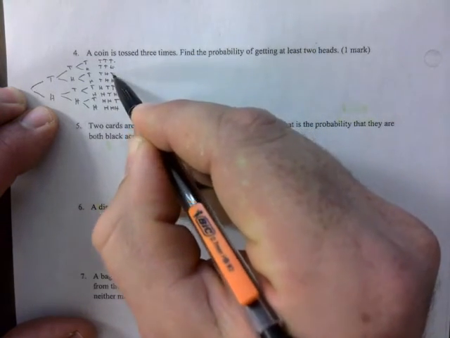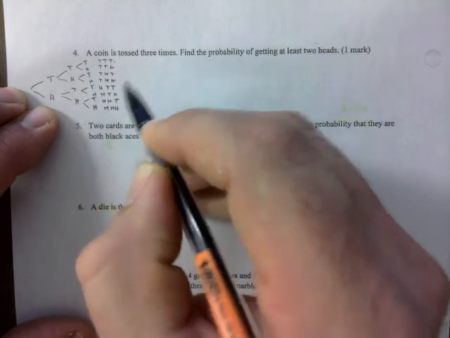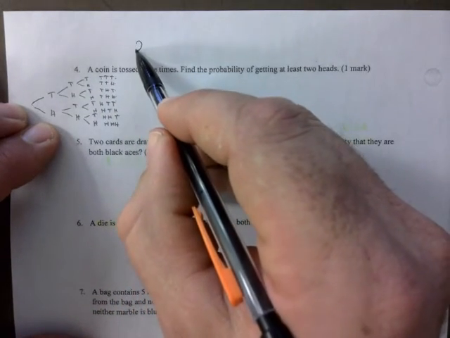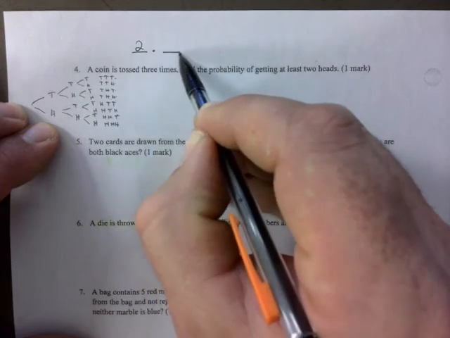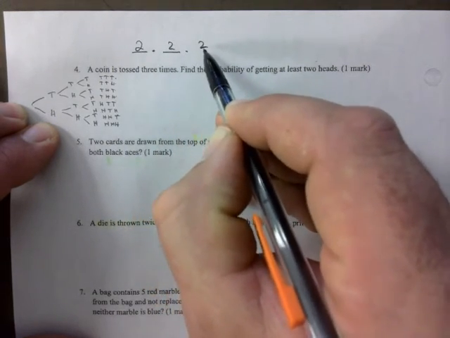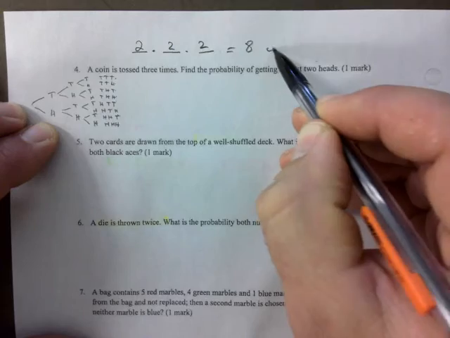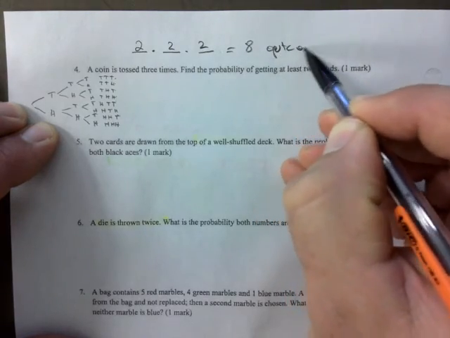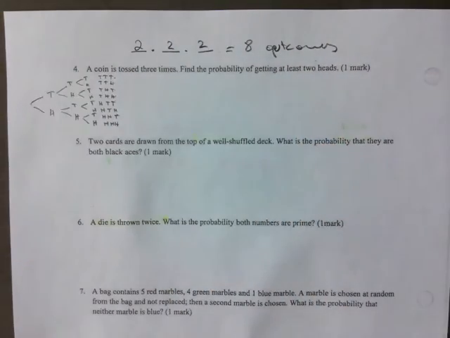So we've got 1, 2, 3, 4, 5, 6, 7, 8 outcomes, which is what you expected. You've got 2 options for the first toss, 2 for the second, 2 for the third, so that's 8 outcomes. Okay, this makes sense.